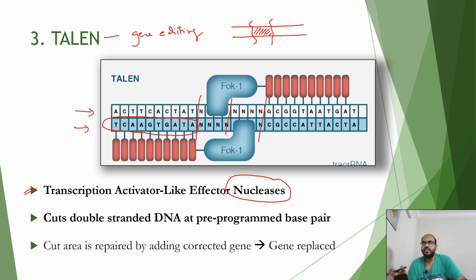So gene therapy was the process, TALEN is the tool. Clear? So TALEN cuts double-stranded DNA at a pre-programmed base pair and the cut area is repaired by adding the corrected gene. The gene gets replaced and the patient is cured. Clear? Let's move forward.